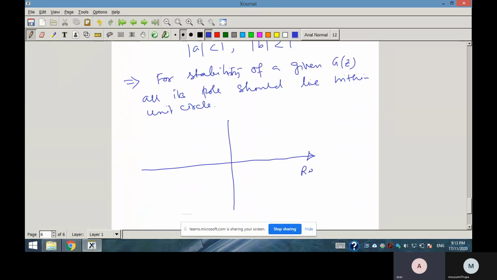Suppose this is the real of z, this is the imaginary of z, then you can draw a circle.